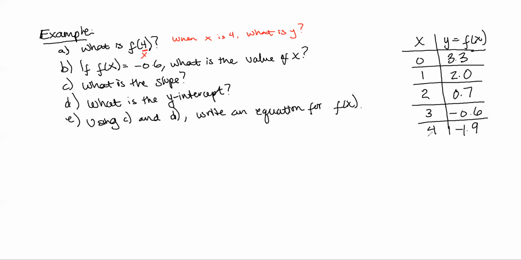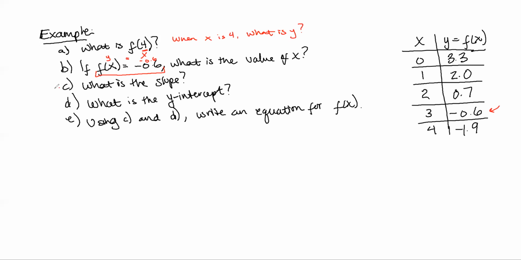For part B, it says when f of x equals negative 0.6, what is the value of x? So when your y is equal to negative 0.6, what is x? Same thing as part A, just the opposite direction. So if our y is negative 0.6, our x value is, in this case, 3.